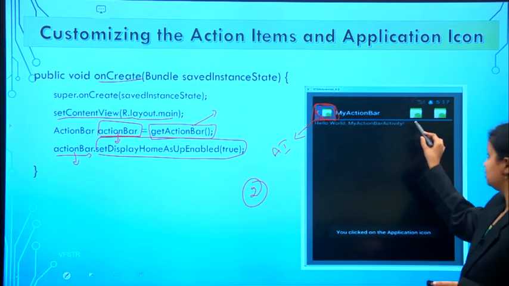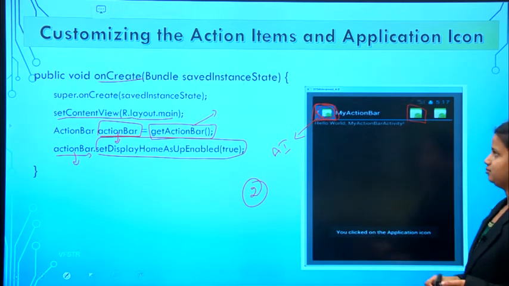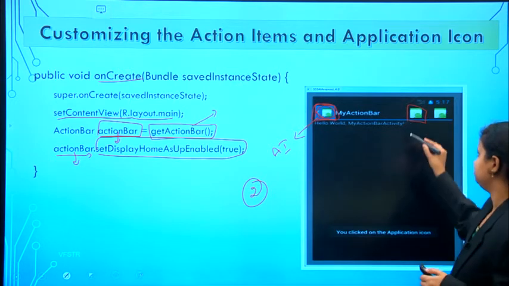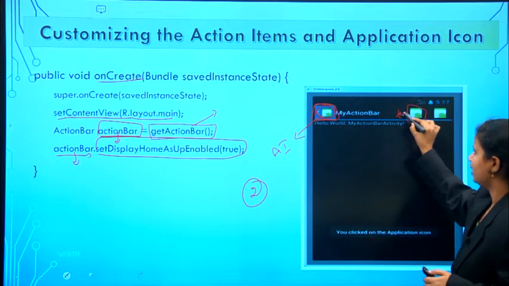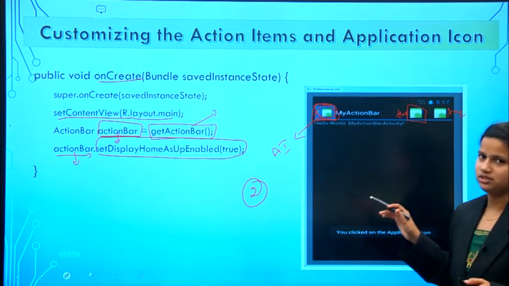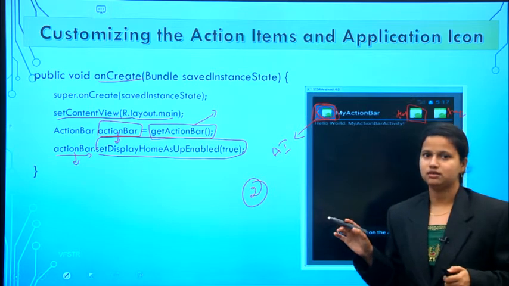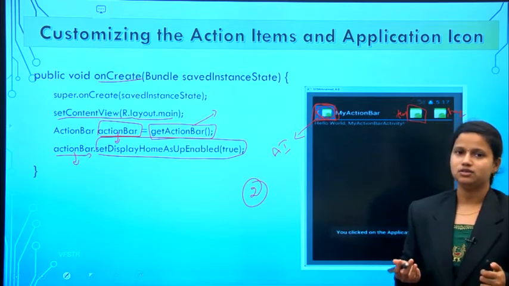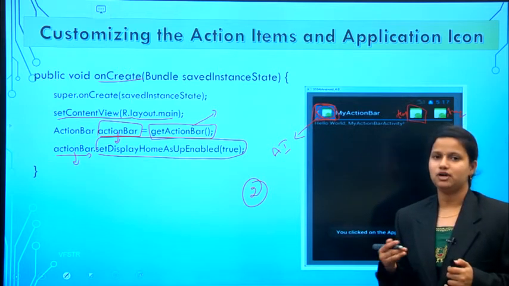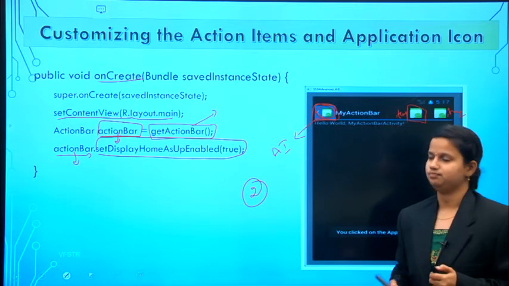We have to display not only the action item icons but also the action items along with the item name, item 1, item 2. How do we perform that? Within the show as action, along with if room, we have to specify show as action with text.